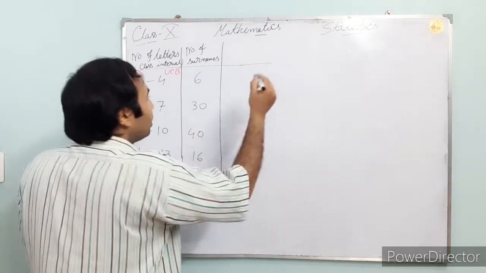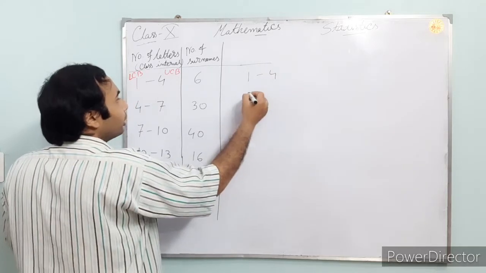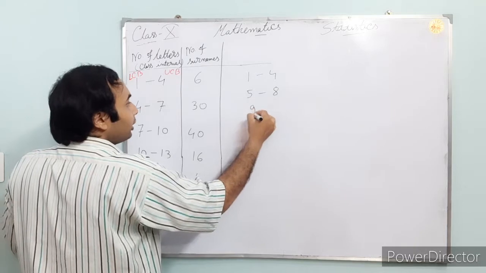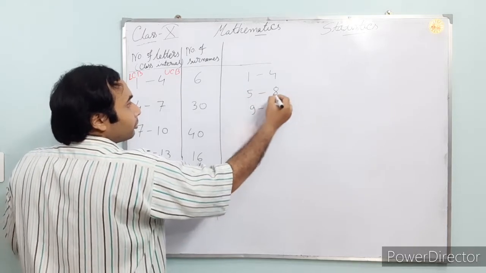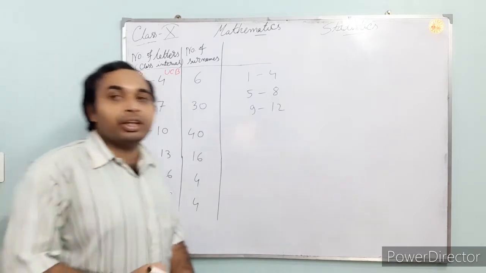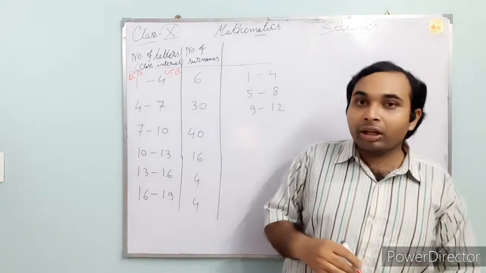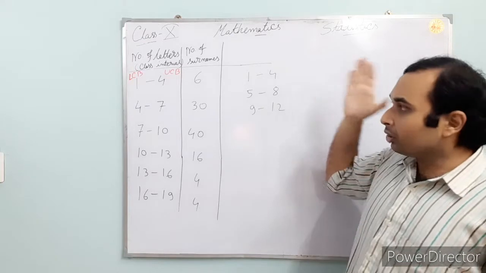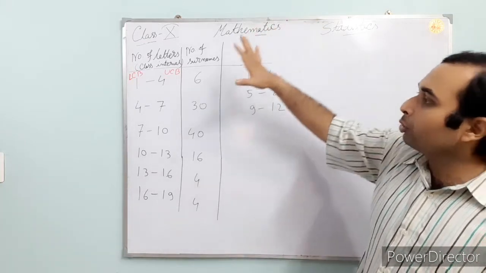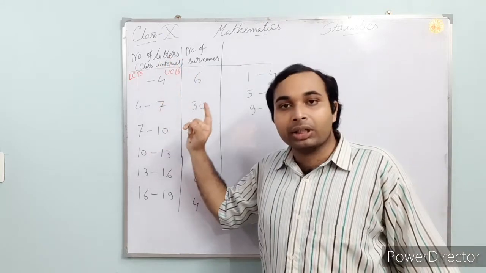Suppose, just for showing you, I am writing here 1 to 4, then 5 to 8, then 9 to 12, like that. If the data is given like that, then you cannot apply any method here, not even the direct method, because you have to make the data continuous first.